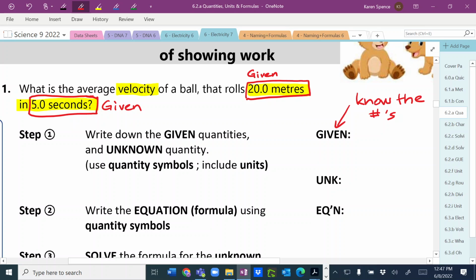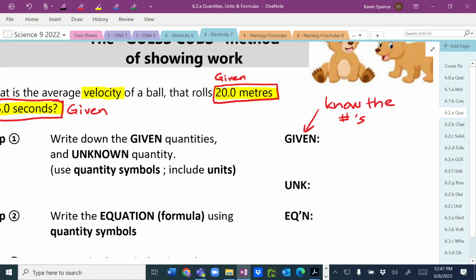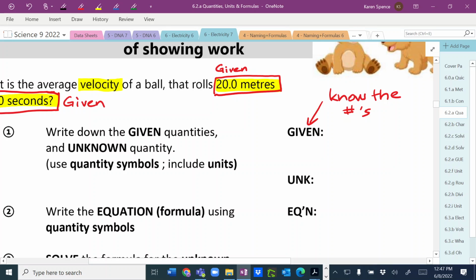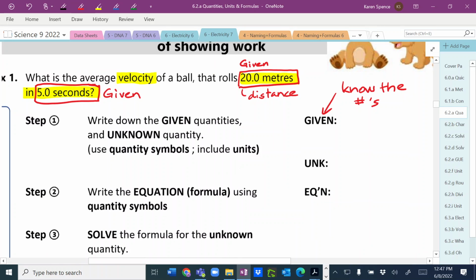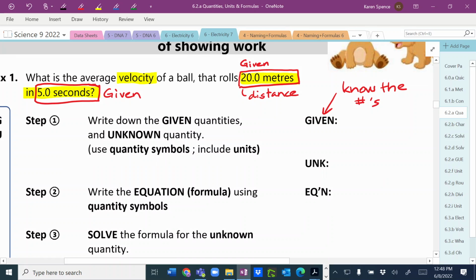So what you're going to do is with the given quantity, you're going to have to figure out what it's measuring. What does meters measure? Meters measures distance. And you're going to have to figure out what seconds measure. What does seconds measure? Time.